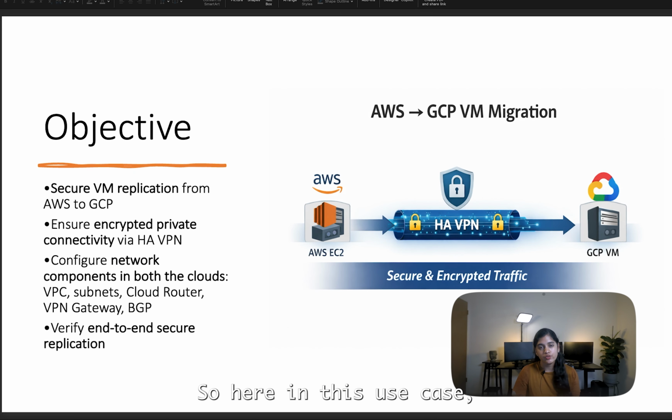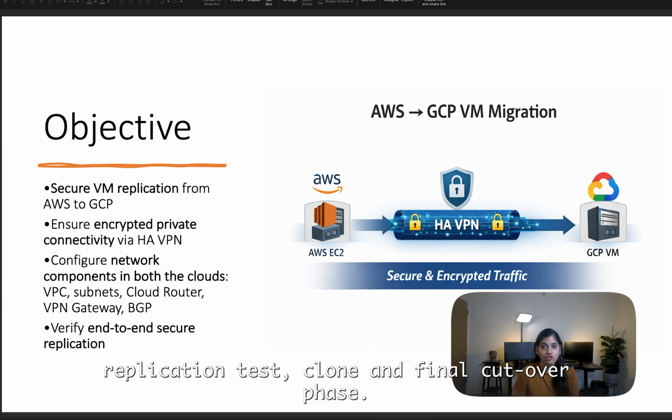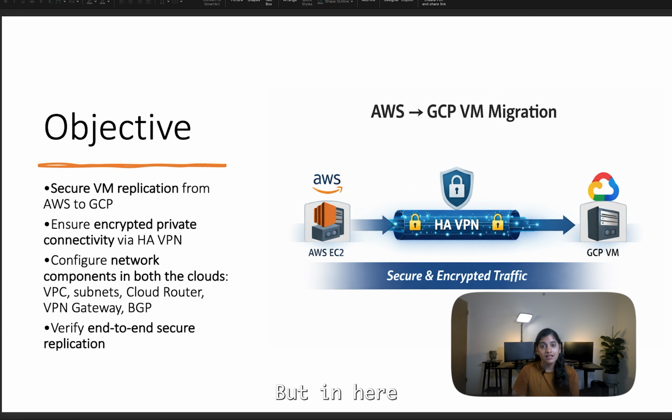So in this use case, the main thing that we will focus on is the replication process. Usually in Migrate for VM, we have four phases: the discovery, replication, test clone, and final cutover phase. But here, the main thing we will monitor is the replication phase, because in the replication phase we sync the VM configuration from one cloud to the other.